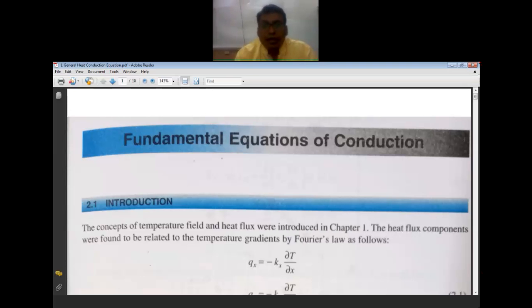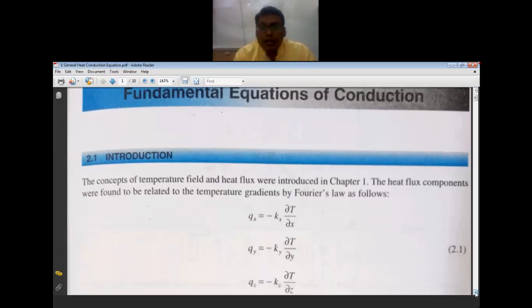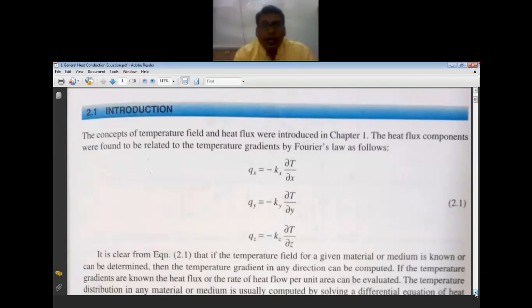So applying this to the general three-dimensional body, that is the fundamental equation of heat conduction. We can write the heat flux components in the x, y and z direction by using the Fourier law. So q x has the units of watt per meter square.